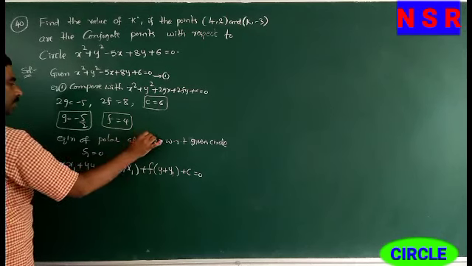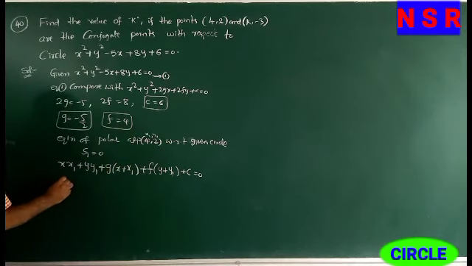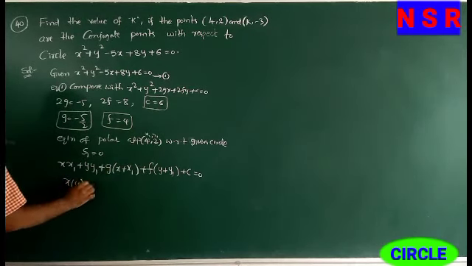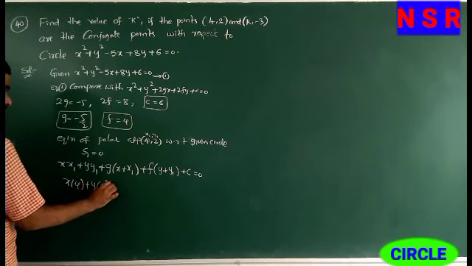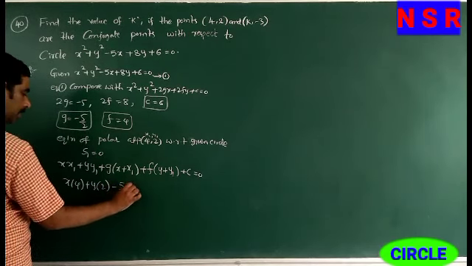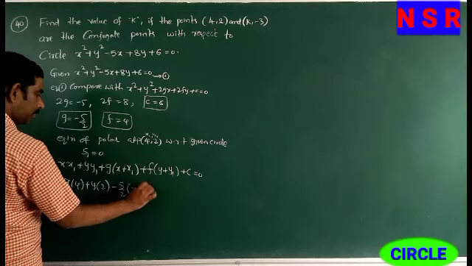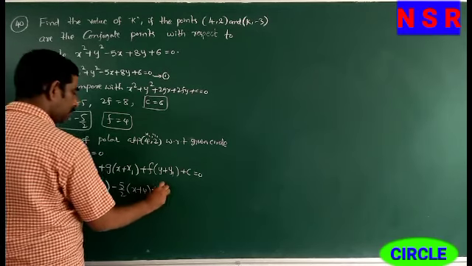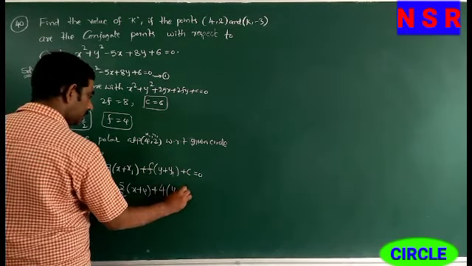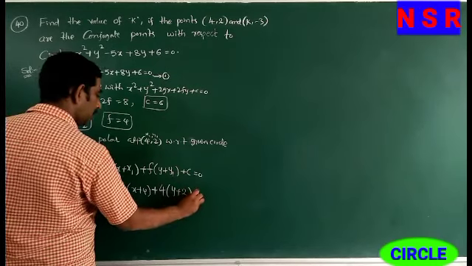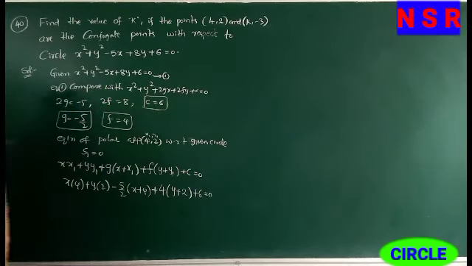Here this is (x1, y1). So x into 4 plus y into 2 plus g value -5/2 into (x + 4) plus 4 into (y + y1), y1 value 2, and c value 6 equal to 0.